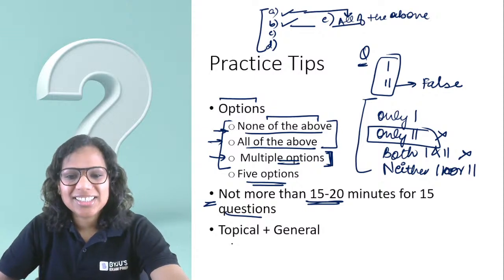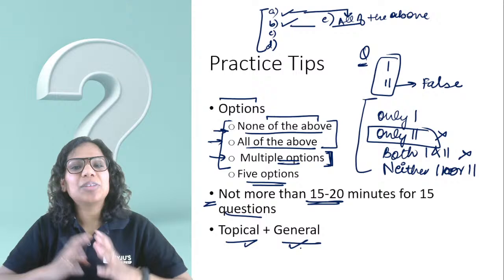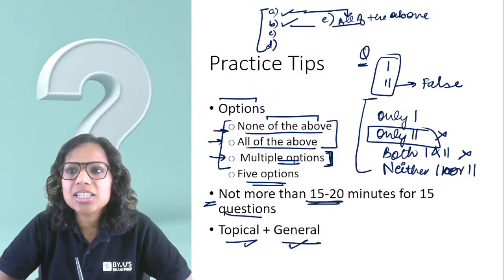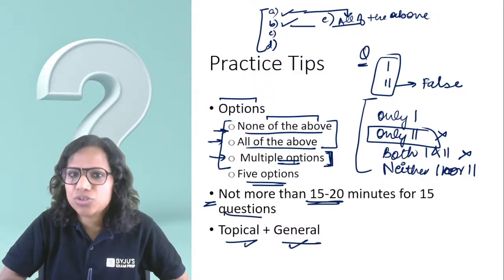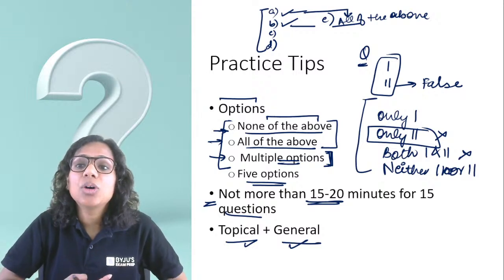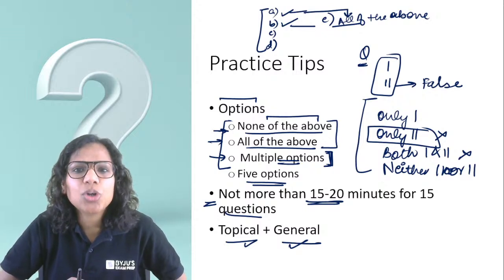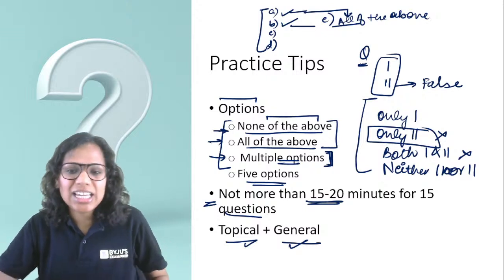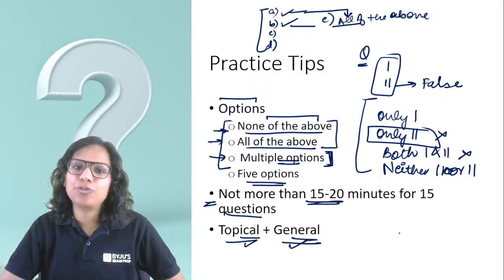Right, topical plus general. Any of these can be asked. So don't think that we'll get RC passages on various current topics only. No, you get general RC passages also. I have seen one RC passage that talked about figures of speech, that talked about sarcasm, satire. So you can get topical RCs also and general RCs also. Prepare for both.